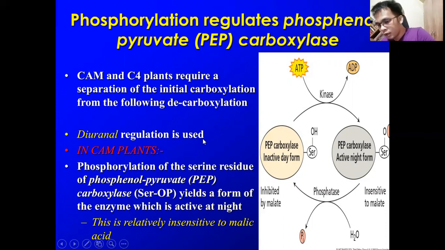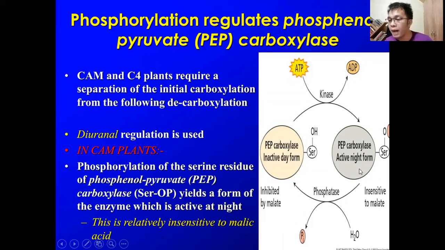After the kinase binds the enzyme, we form PEP carboxylase, the active form, which is insensitive to malate.